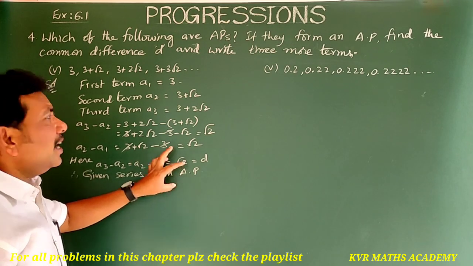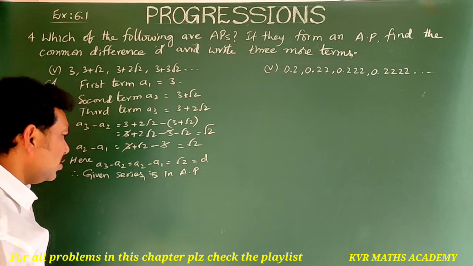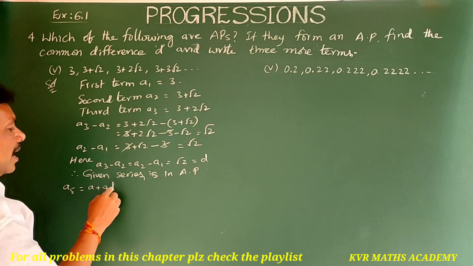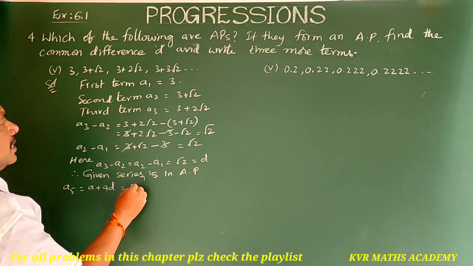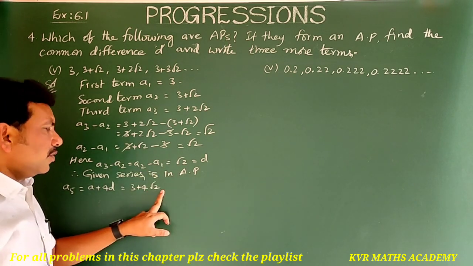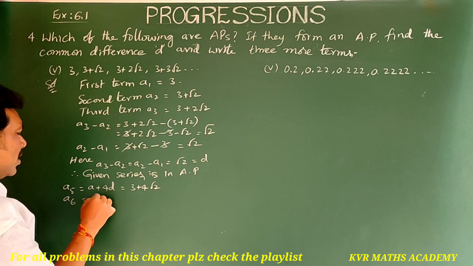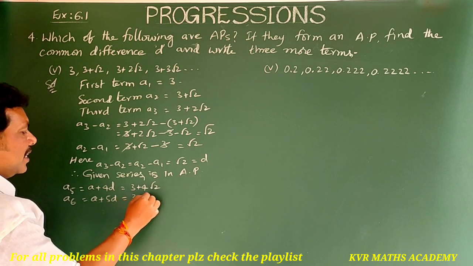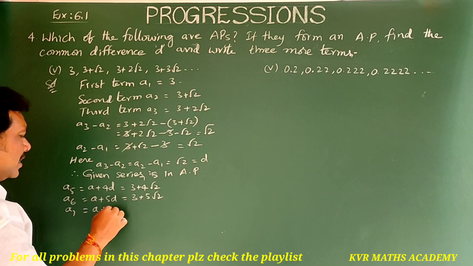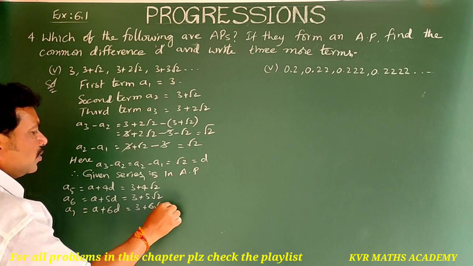Next 3 terms we should find. Yes, 4 terms he has given, a1, a2, a3, a4. Next a5, a6, a7 we should find. a5 is equal to a plus 4d. That is equal to a is 3 plus 4 into d, which is root 2. So 4 root 2. So the fifth term is 3 plus 4 root 2. Next a6 is equal to a plus 5d, that is 3 plus 5 root 2. In the same way a7 is equal to a plus 6d, that is 3 plus 6 root 2.